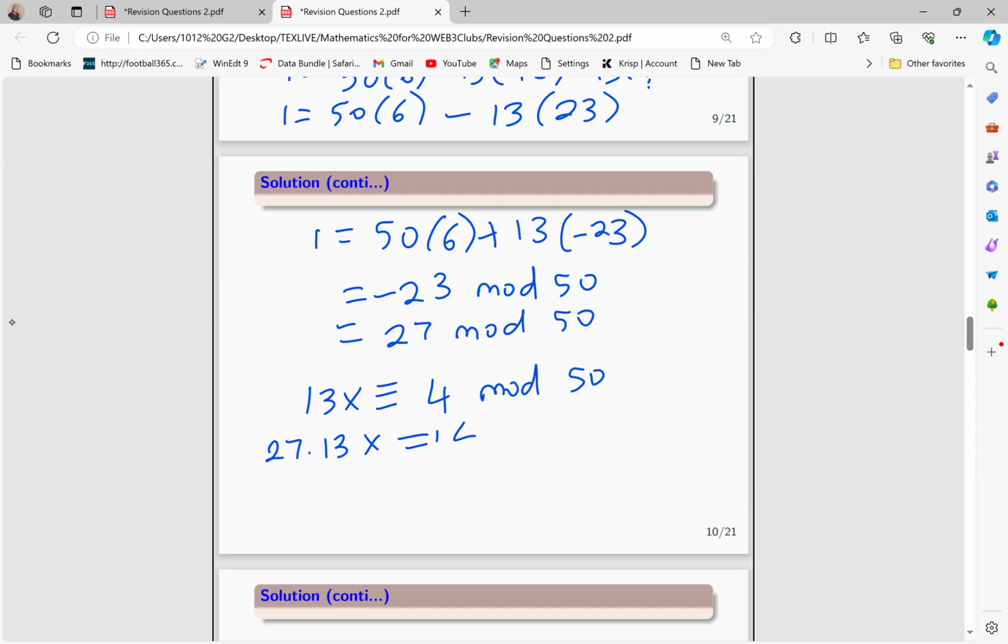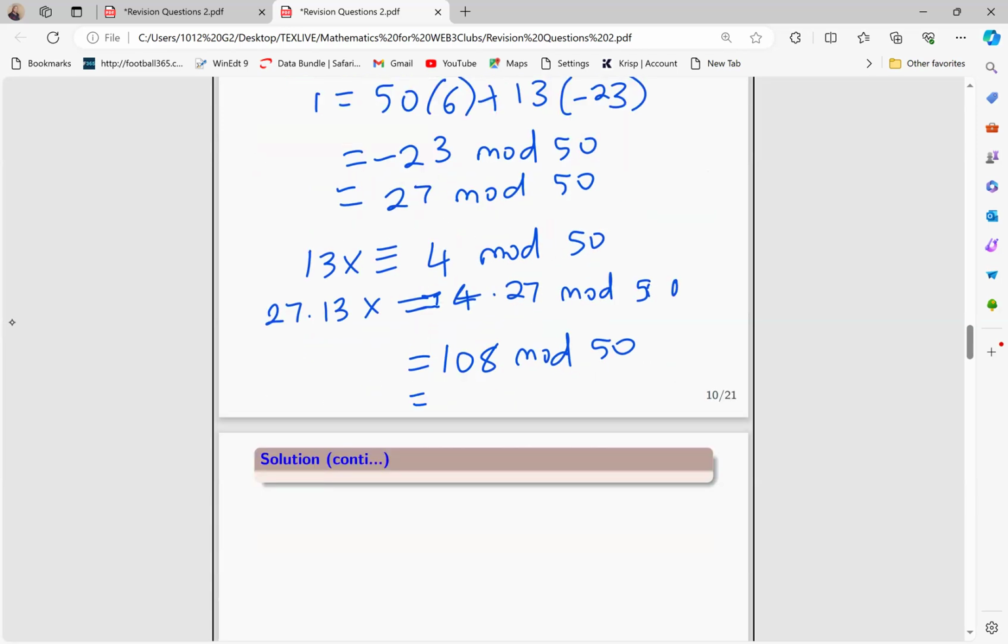That's 4 times 27, which is 108. Then 108 divided by 50, the remainder. So it's 8 because it has to be less than 50.